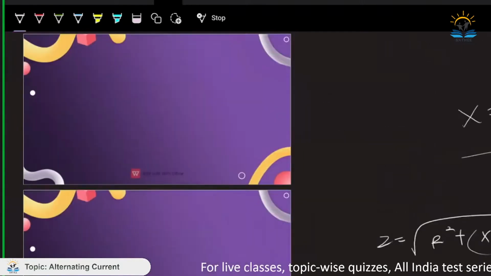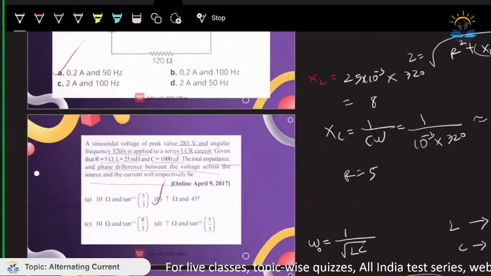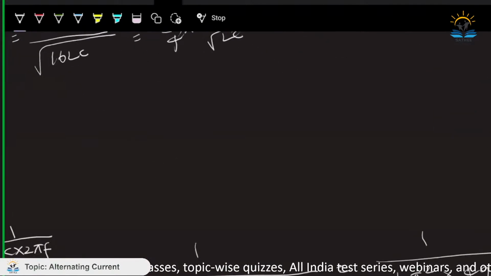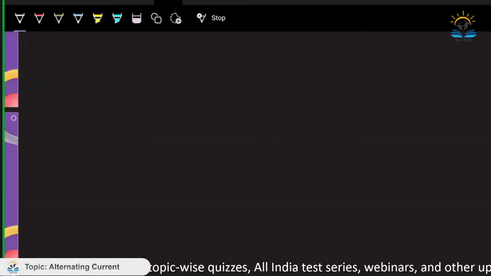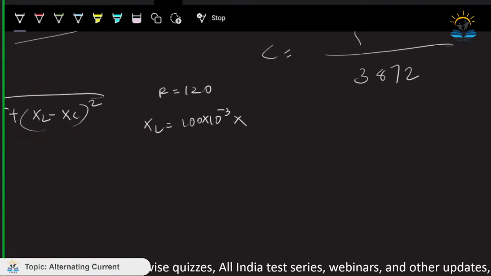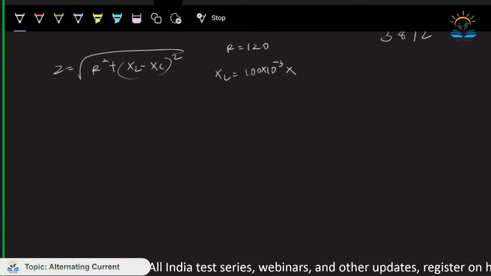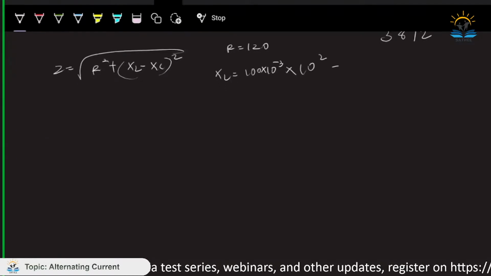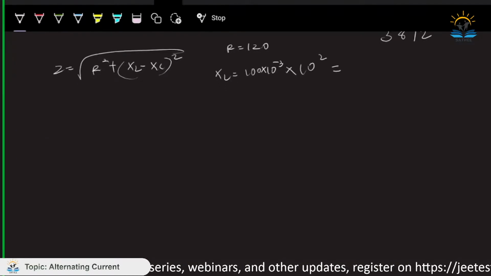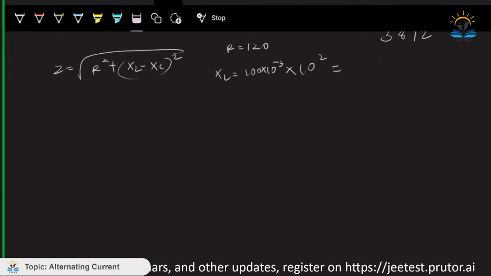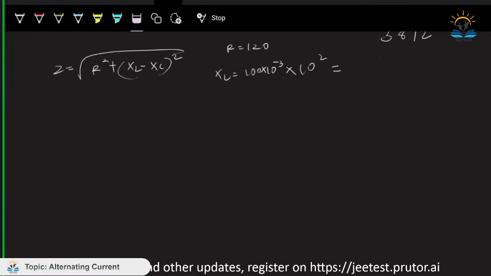Omega is how much? 30 sine 100 t, so omega is 100, which is 10 raised to 2.